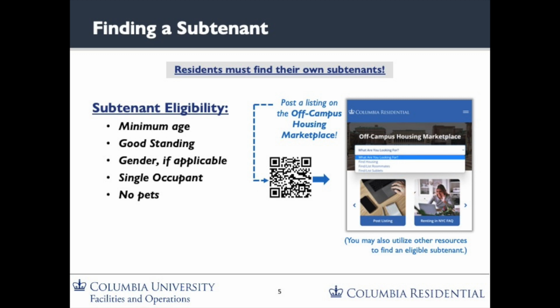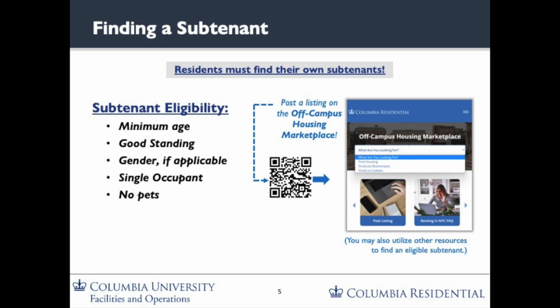The off-campus housing marketplace is an excellent place where you can place a listing for your available space, and you will attract responses from people searching for a sublet. Bear in mind that in order to search the Columbia sublets on the off-campus housing marketplace site, they have to have a UNI.